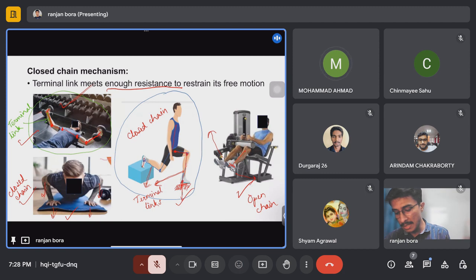Yeah, so this is an example of open chain. And we have discussed this is a closed chain because here the terminal links are fixed here. Okay.